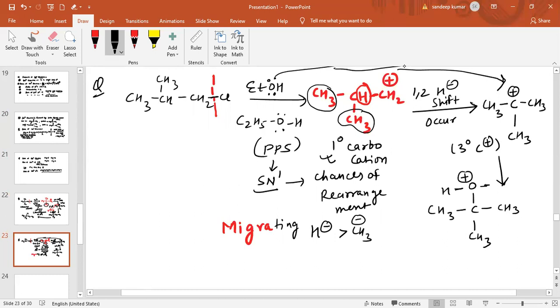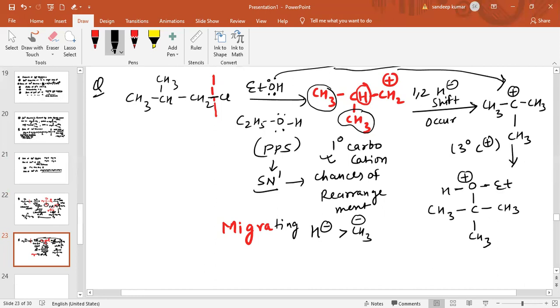Et means this is basically ethanol, like this, from this arrow, and this is Et.